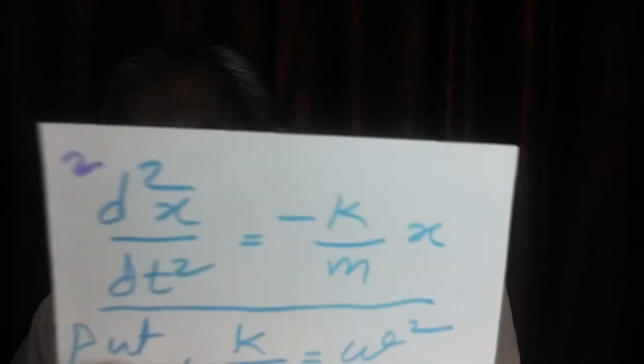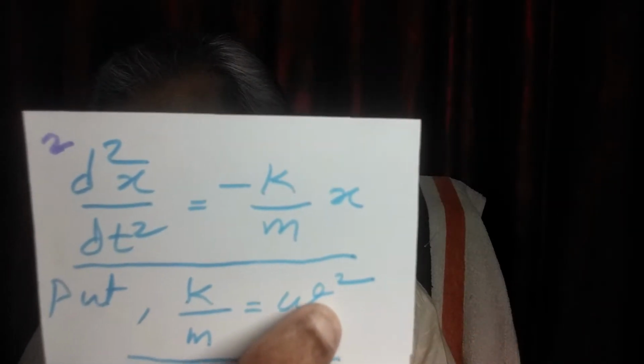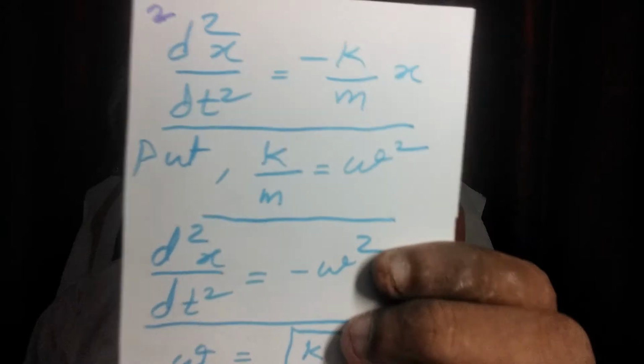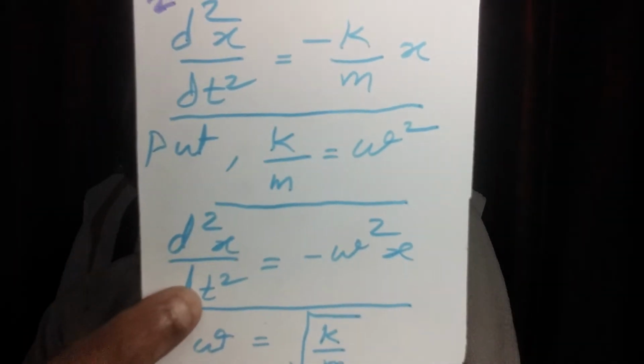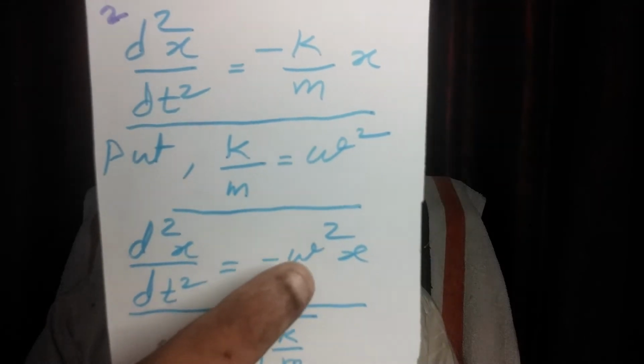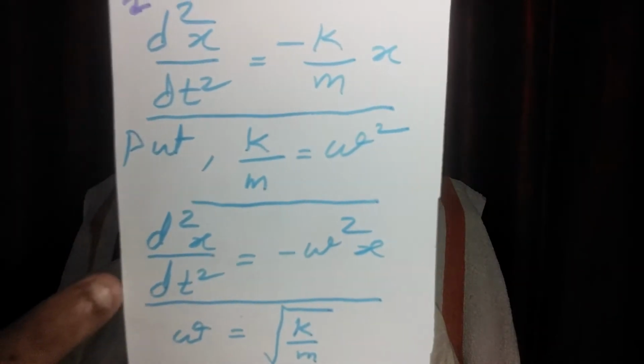We put k by m as omega square, a new constant. So what we get? d square x by dt square equals minus omega square x. This is the differential equation of simple harmonic motion. Acceleration equals minus a constant into displacement.